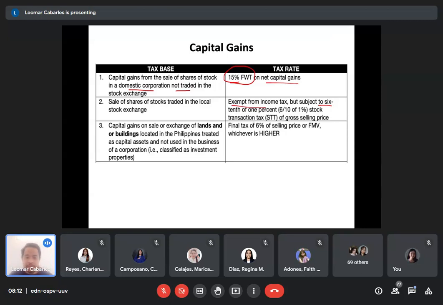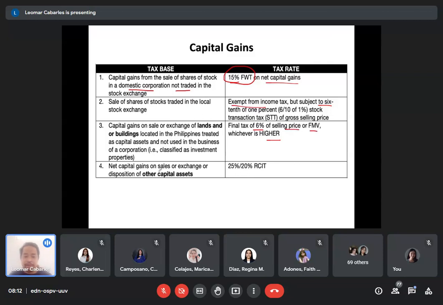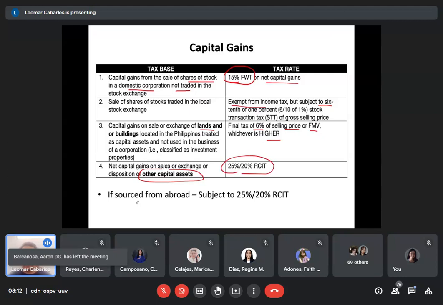Pag capital gains relating to land and buildings, final tax, 6%, whichever is higher between the selling price or the fair market value. For other capital assets, meaning other than shares of stocks and land and buildings, regular corporate income tax ang mag-a-apply. Take note, kung sourced from abroad, regular corporate income tax.